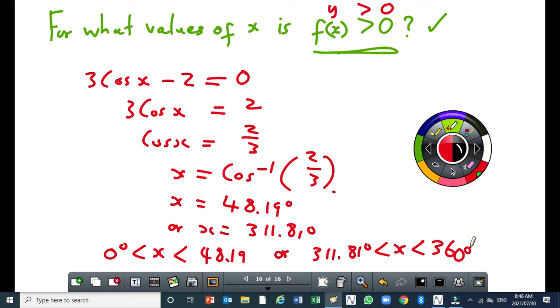So what we are saying is, the values of y for the graph are positive when x is between 0 degrees and 48,19. Also, the same values of y are positive between 311,81 and 360 degrees.